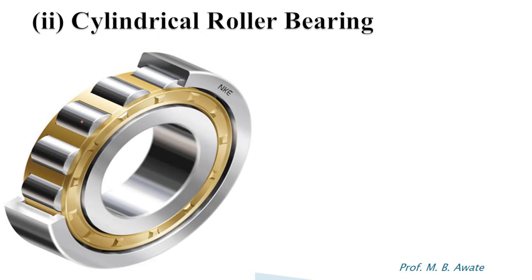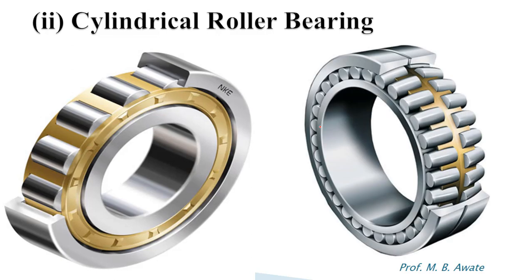See here, these are the rollers, this is the outer race, this is the inner race, and these are the cage or retainers. This is a single row cylindrical roller bearing, and this is a double row because there are two rows of cylinders or two rows of rollers. Okay, so this is a double row cylindrical roller bearing, and this is a single row cylindrical roller bearing.